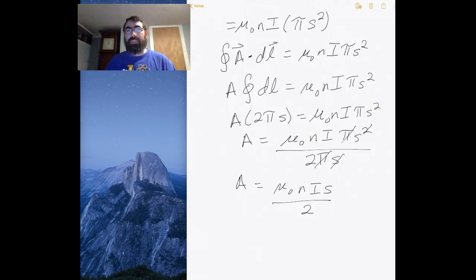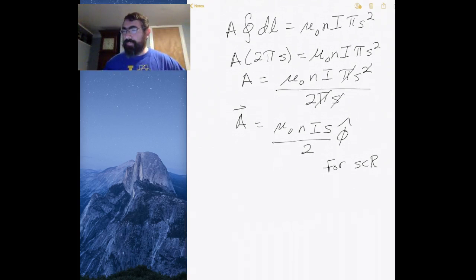And that is now in the direction of phi. So if I put the vector notation on it, I have a magnetic potential, which is now acting in the phi direction. And this is for s less than the total radius of the solenoid. So basically that's for the inside of the solenoid.